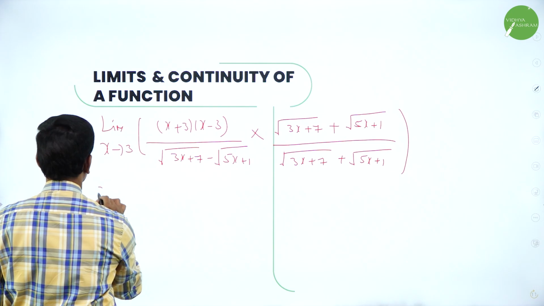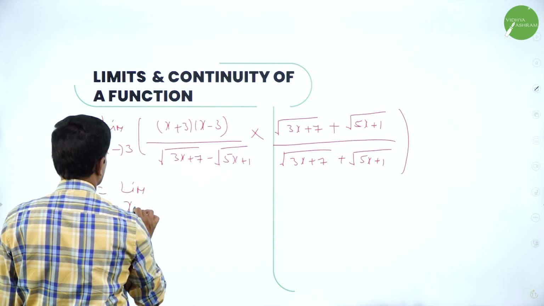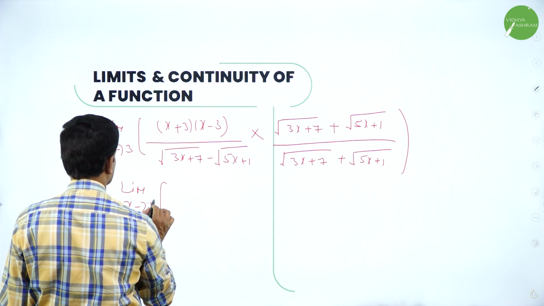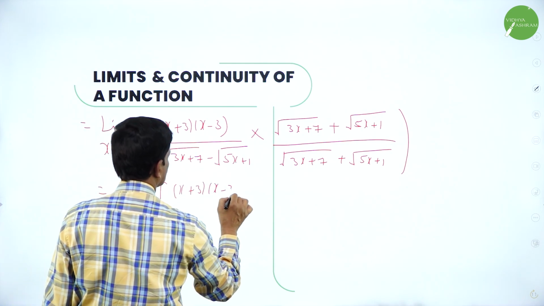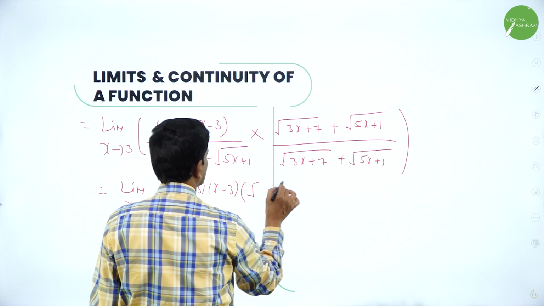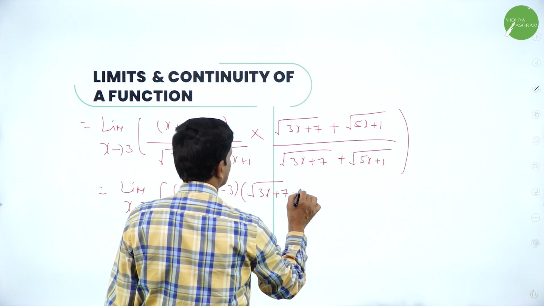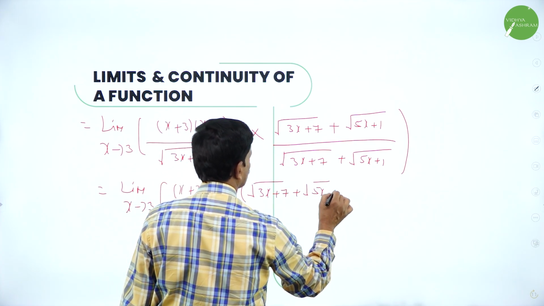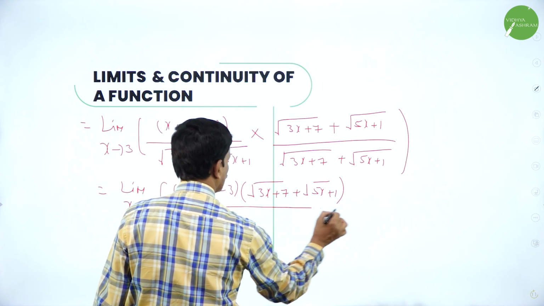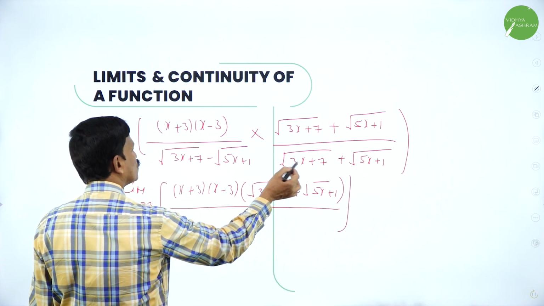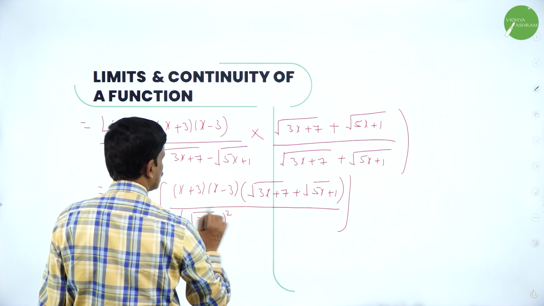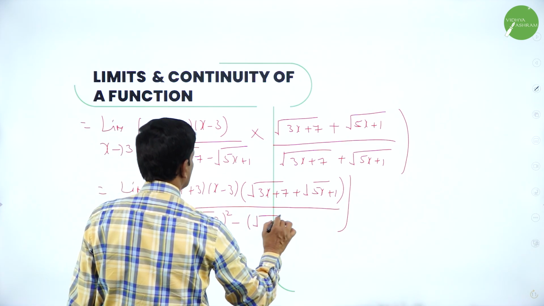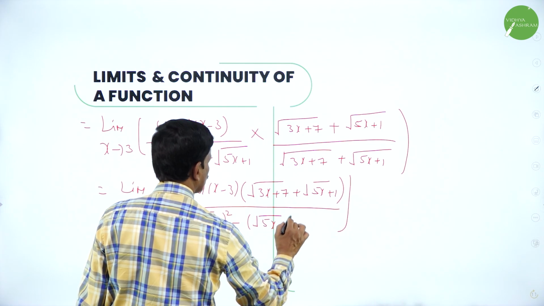Now this is equal to limit x tends to 3 of, this is same x plus 3 into x minus 3 into this entire term. So the numerator won't change, square root of 3x plus 7 plus square root of 5x plus 1 whole, divided by, in the denominator, root of 3x plus 7 into root of 3x plus 7 is root of 3x plus 7 whole square minus root of 5x plus 1 whole square.